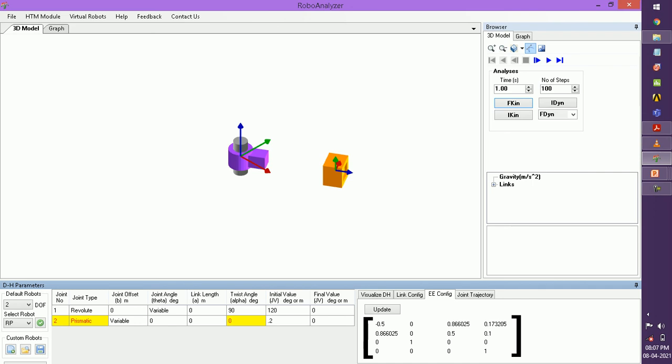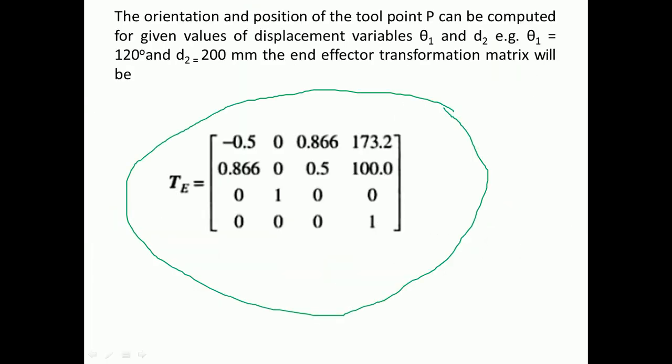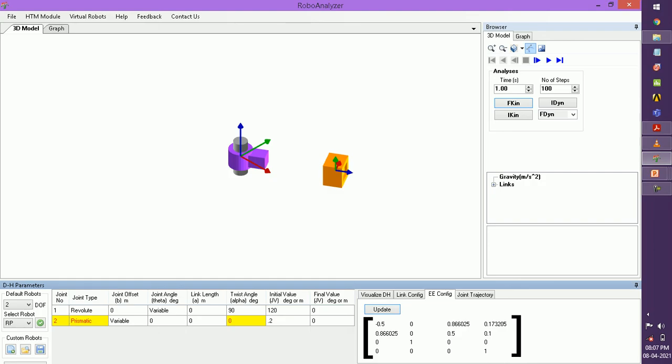Okay, now after filling the values, you have to click on forward kinematic analysis, and the mathematical portion we have done with respect to matrices is already updated. After doing the forward analysis, you can update over here, and the end effector formulation becomes visible. Now you can see this is the final position of our end effector: 0.50, 0.8666, 0.173.